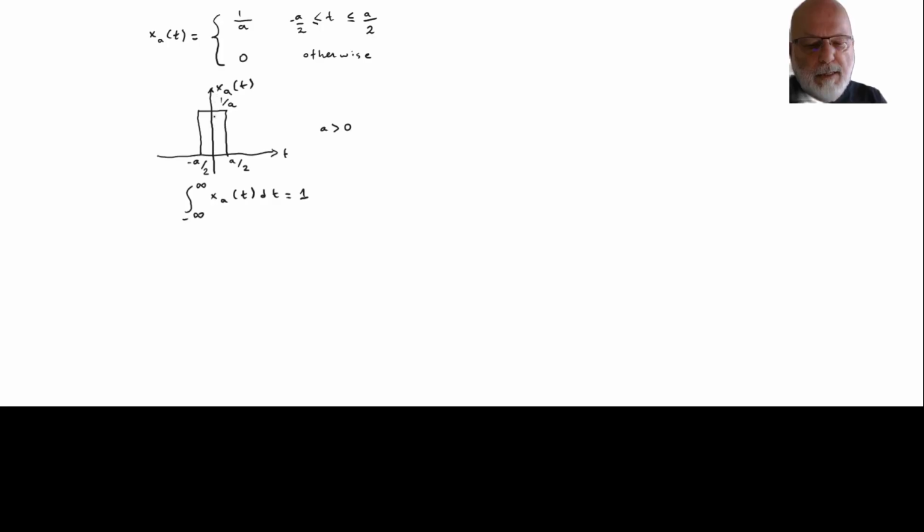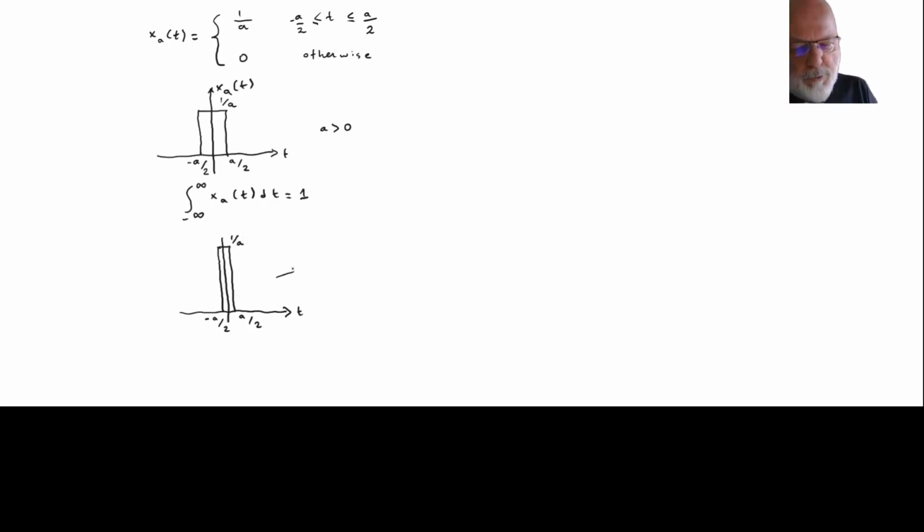So we will have such a picture for smaller values of a: a very short duration pulse from minus a over 2 to a over 2, and of course 1 over a will be large.